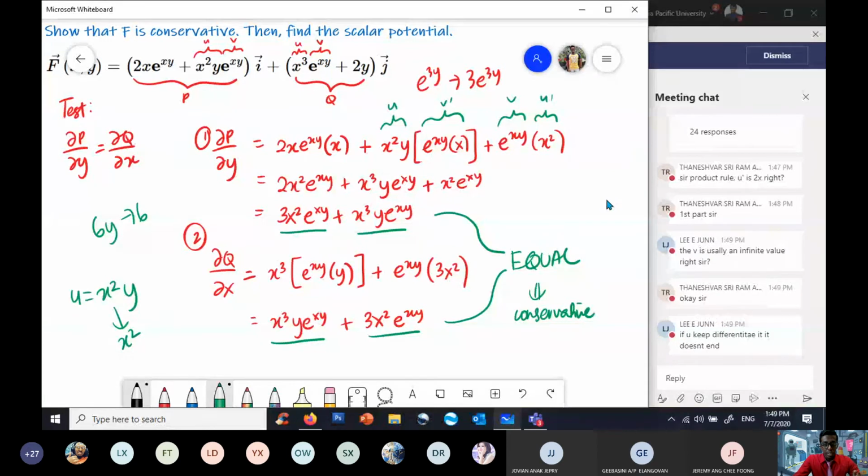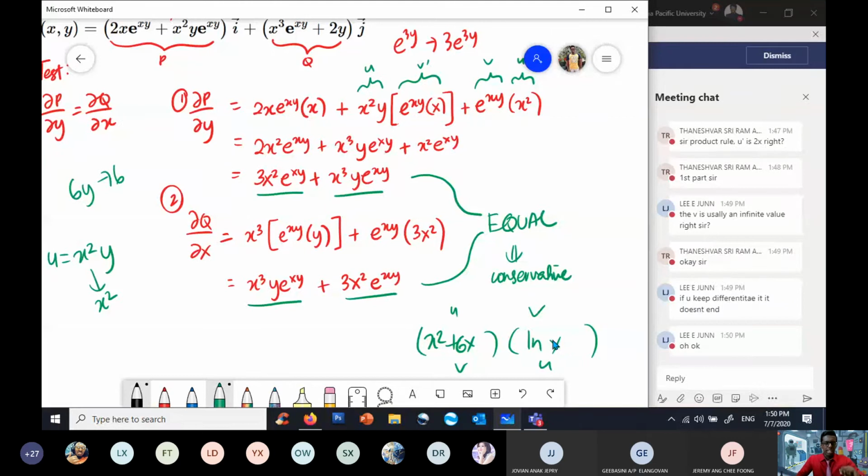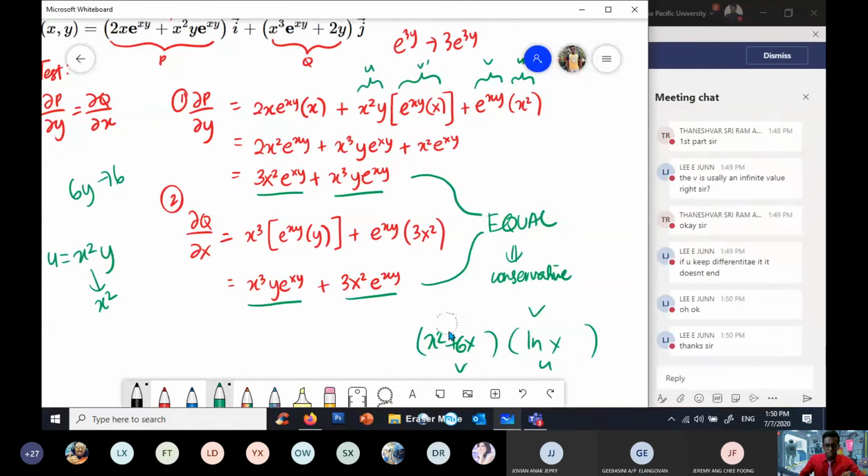But for your choice of u and v in product rule, it doesn't matter. Whenever you have two things side by side, let me cook up a random example, this can be your u and v, or this can be your v and u. At the end of the day, you are going to get the same answer. So just choose one of the products to be u, another to be v. But maybe the one you are talking about is another v. Okay, all right, no problem.